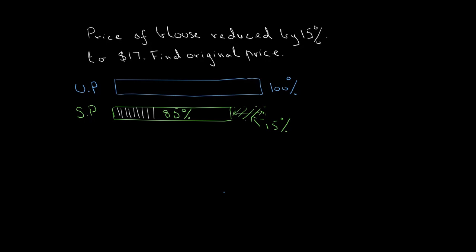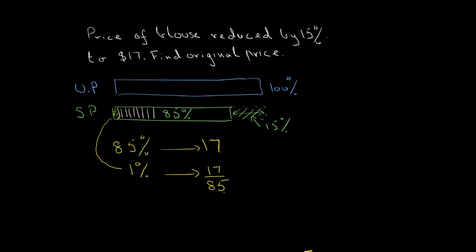Okay. So now if 85% means $17, then one of these small pieces, 1%, out of the 85 pieces, would mean 17 over 85 because all pieces have equal weight.